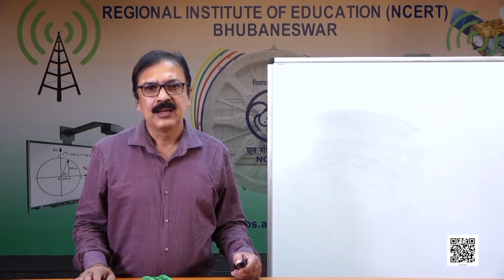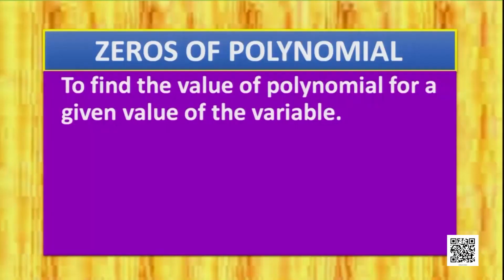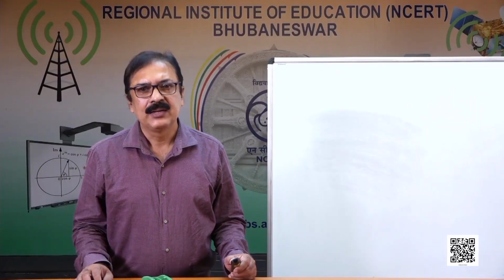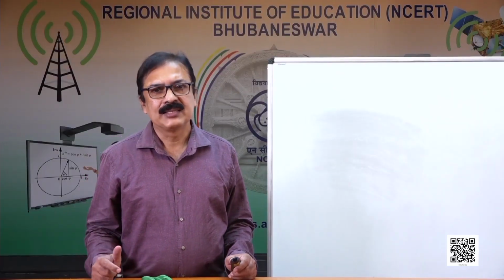First, we have to learn how to find the value of a polynomial for a given value of the variable. Next, how to find the value of the variable for which the value of the polynomial is 0. Now let's see what this is.